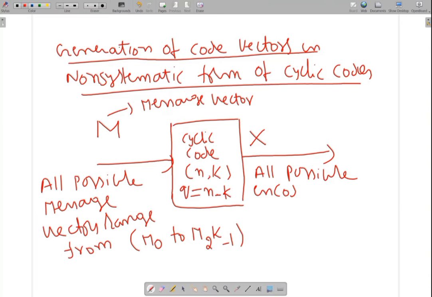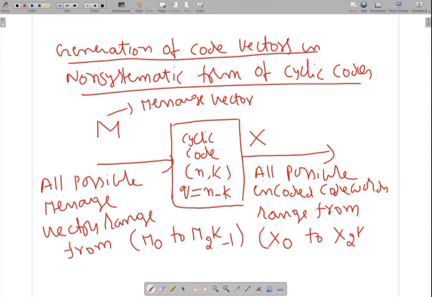All possible encoded code words range from x0 to x2 power k minus 1.